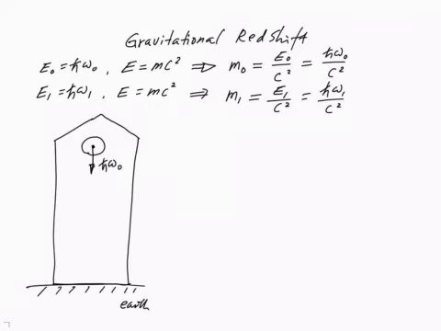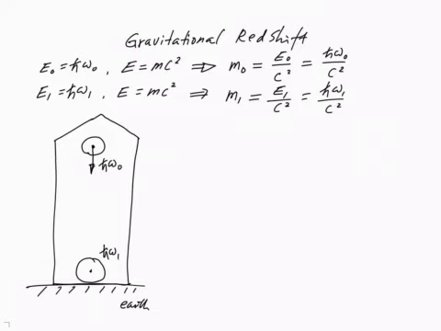Then what happens if I have an observer at the bottom of the building trying to detect what energy this observer is going to see when it detects the photon coming from the top of the building?